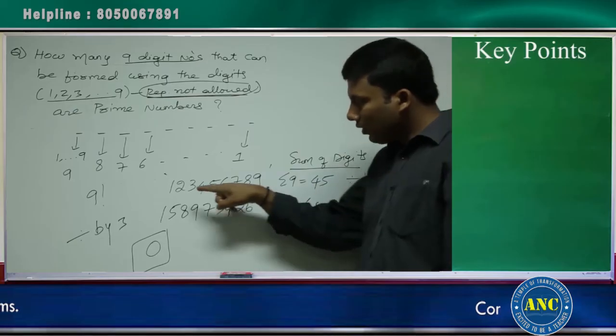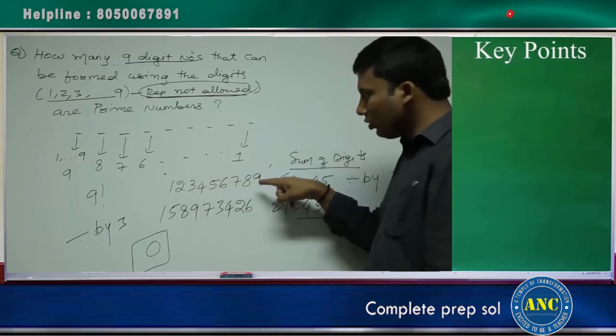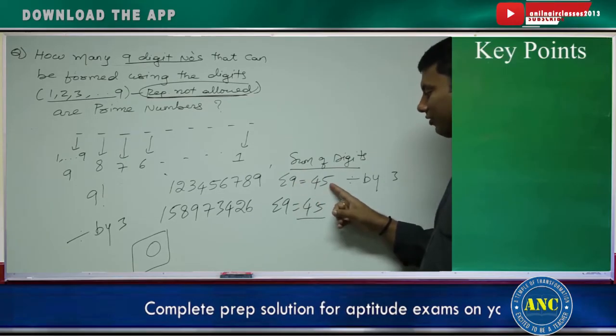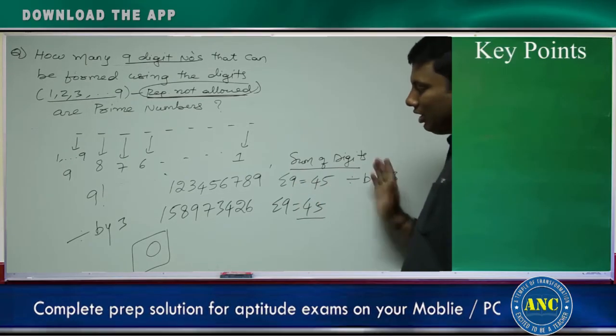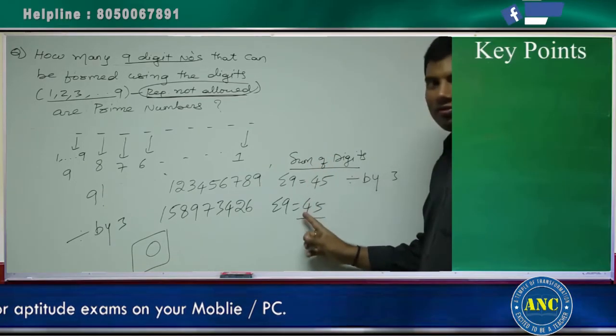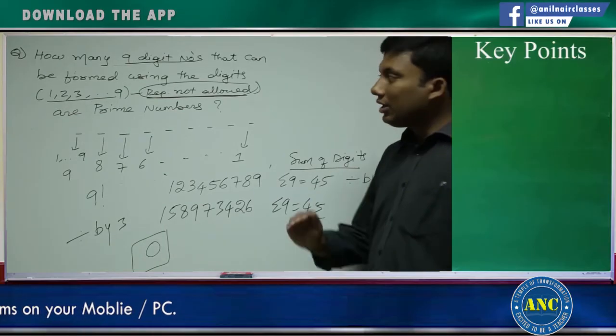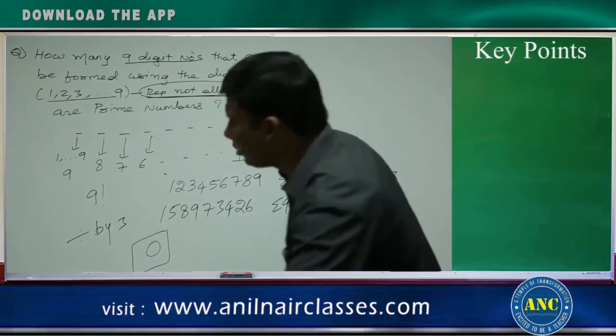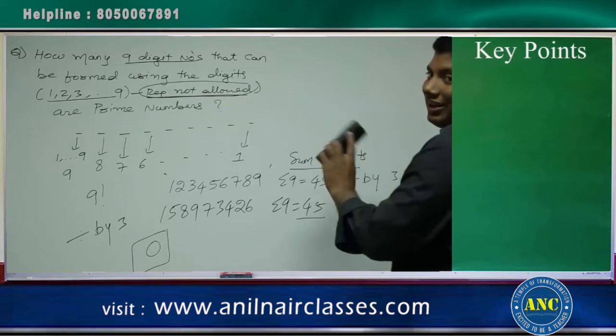In that I took one number, 1, 2, 3, 4 till 9. The summation of the digits is 45, which is divisible by 3. Irrespective of the change in position of the digits, the sum will always remain 45. Next, another variety. I hope this is clear.